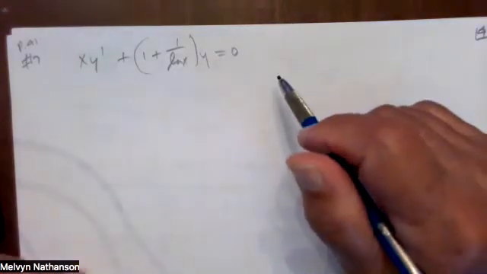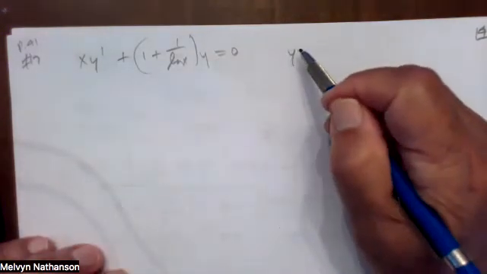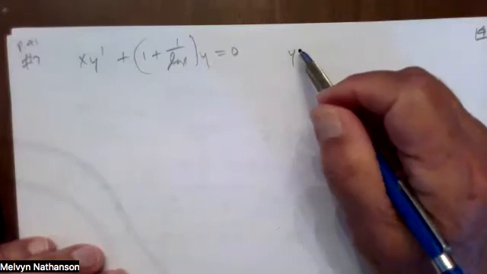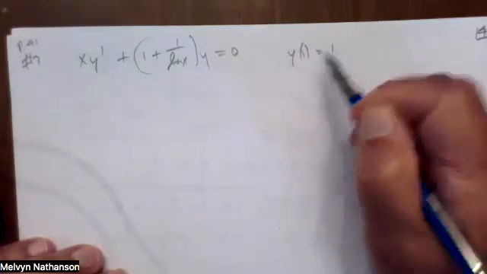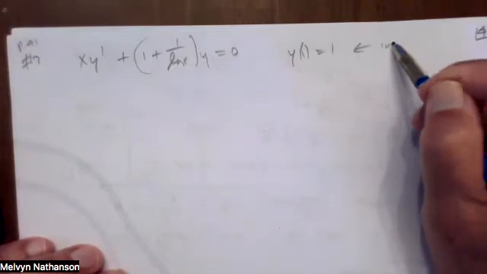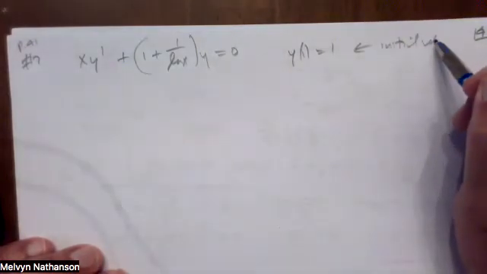And we want to solve the equation with the initial condition that at x equal to 1, y of 1 is equal to 1. So this is an initial value problem.